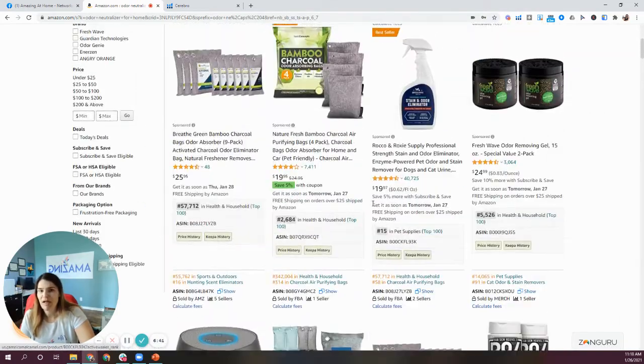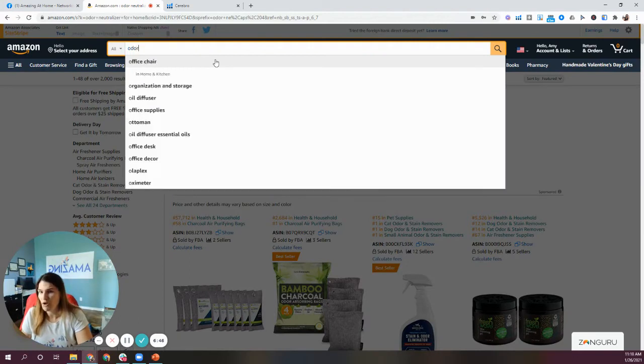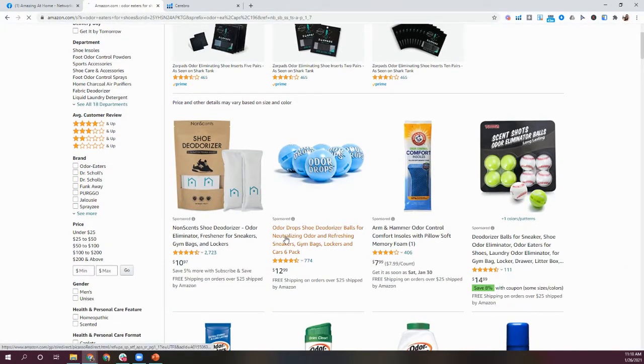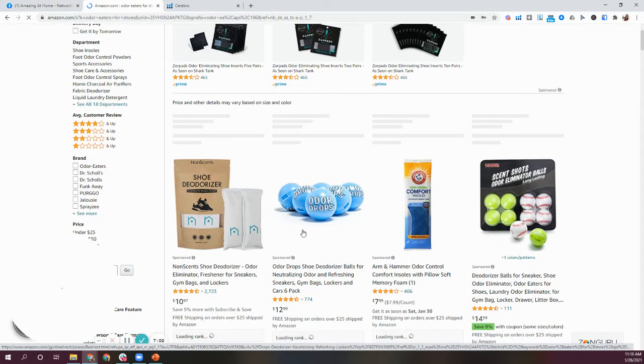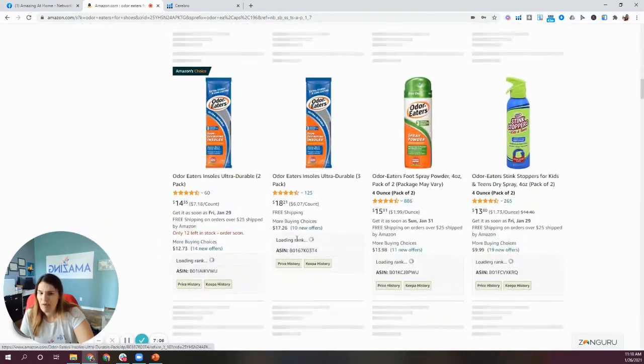So for example, let's just put in odor and let's see. I think it's like odor eaters for shoes is the one that I saw earlier. And here we don't see hardly any charcoal bags.